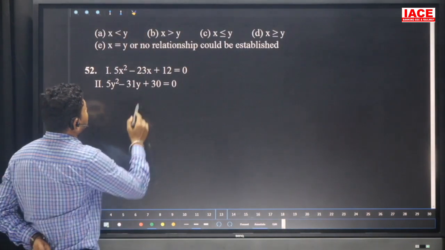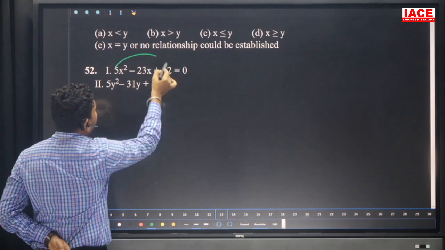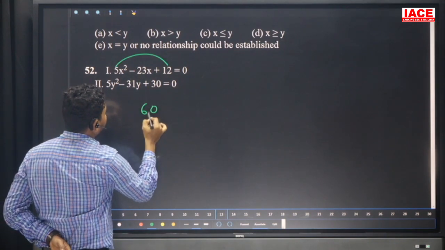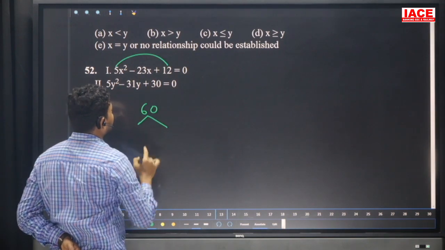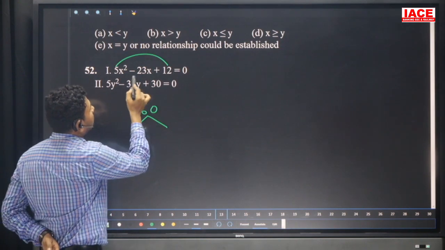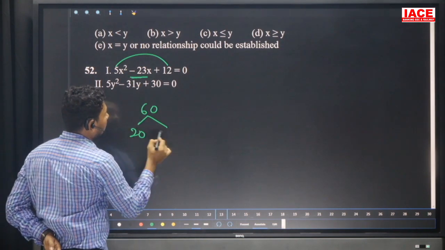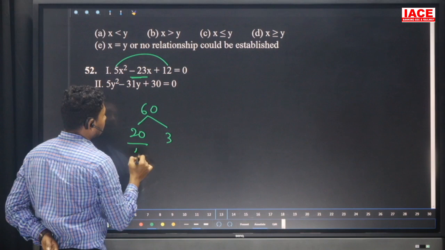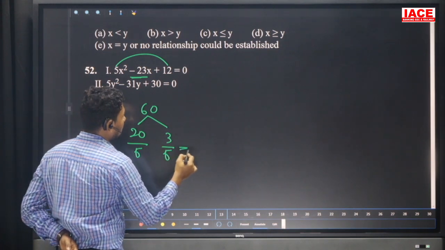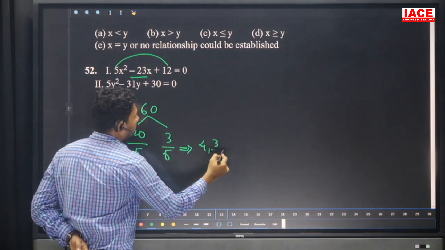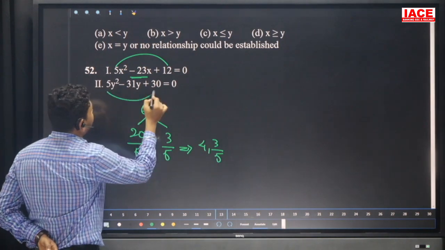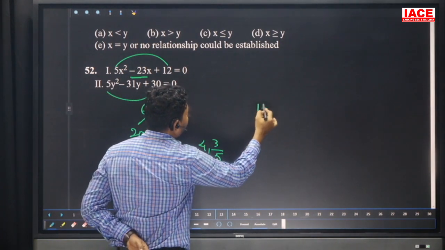Next 5x square minus 23x plus 12 is equal to 0. It is 5 12s 60. The 60 we can write 12 5s, but it is not suitable. We need what is the number? 20 and 3, here divisible by 5. Then final factors are here 4 comma 3 by 5, and 5 can be multiplied to 30. It is 150.